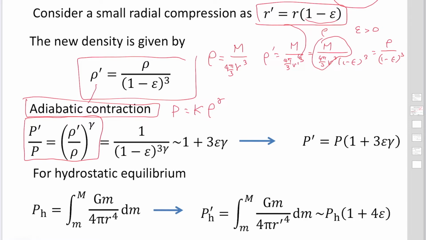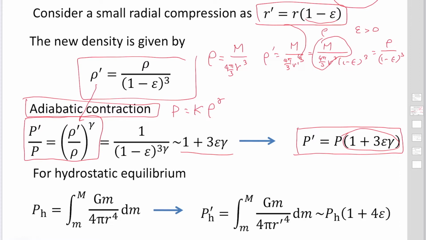Then you can substitute rho prime here, and it becomes 1 over 1 minus epsilon to the 3 gamma, which is approximated as 1 plus 3 epsilon gamma. So P prime is equal to P times 1 plus 3 epsilon gamma. The pressure is increased by this factor.